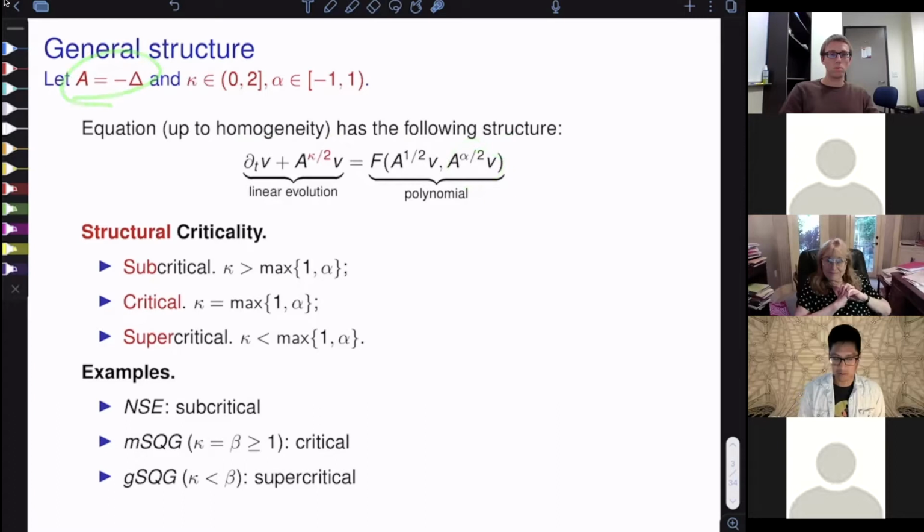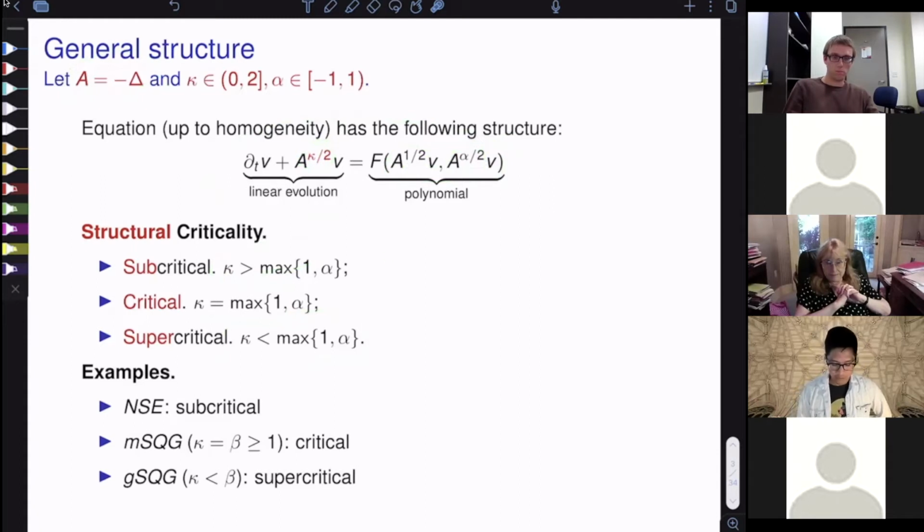A is just going to denote the negative Laplacian. And so in this more general way of looking at it, structural criticality, I'm just going to refer to as when the dissipation exceeds both of these derivatives. Well, that'll be the subcritical case. The critical case will be when they're equal, and the supercritical case will be when the power on the dissipation is less than the derivatives appearing in the nonlinearity.